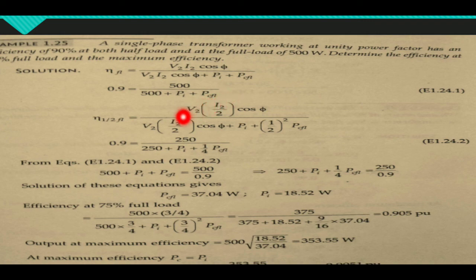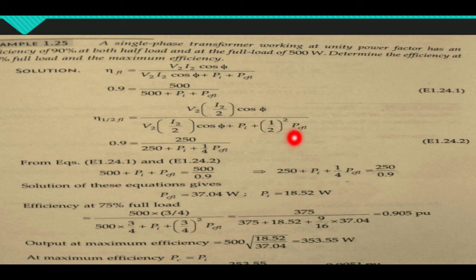Now in case of half full load, when the load is half, then the load current is also half, so V2 into I2 by 2 into cos phi, and that is V2 I2 by 2 cos phi plus Pi. The current is also half, so 1 by 2 square PCFL.